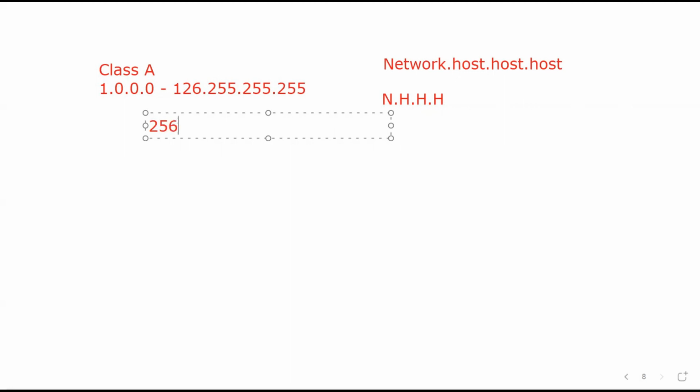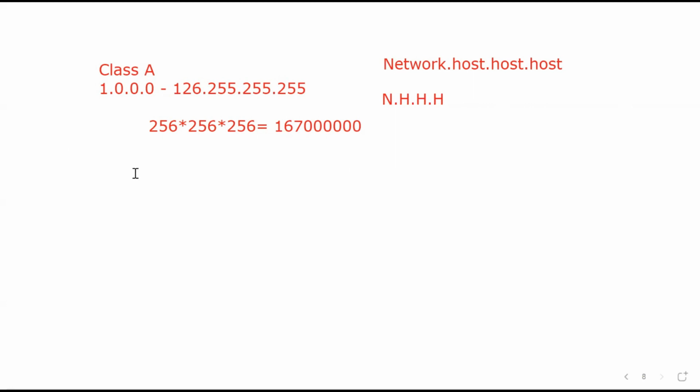Starting from 0 to 255, so it will be 256 into 256 into 256, which is the number of host IPs we can assign in class A.